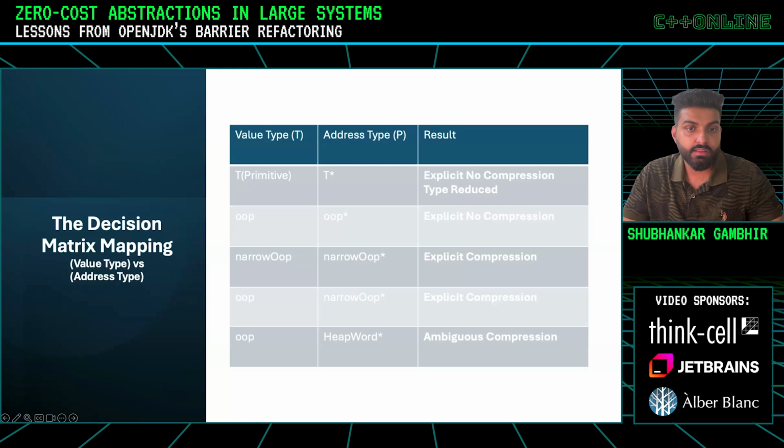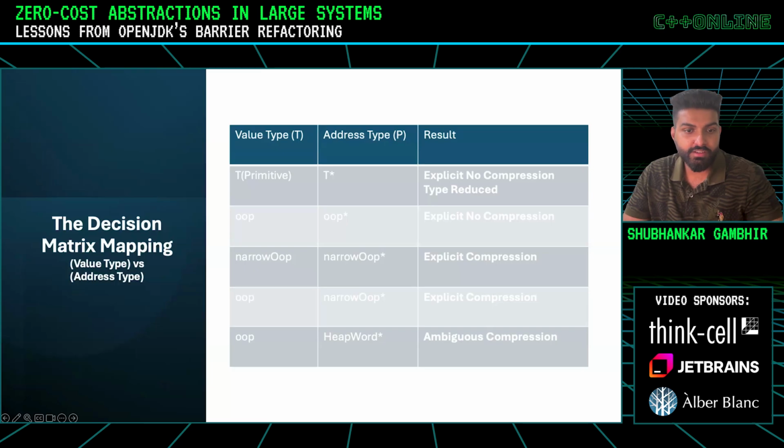To stop this, the top row of this matrix, the generic primitive path, enforces strict type reduction. It changes the signature to store reduced types, which is T* address, T type value. By forcing the pointer type and the value type to use the exact same template parameter T, any attempt to mix types will cause a compilation failure immediately.